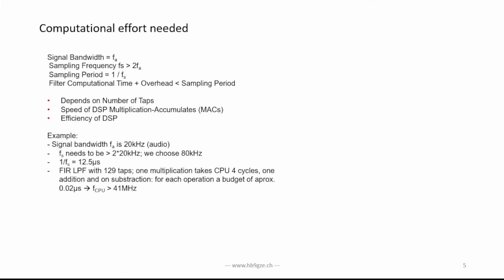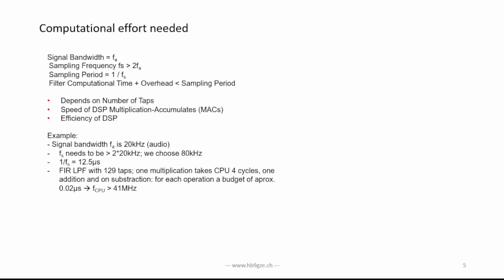When it comes to computational effort needed, you take a look at your bandwidth. If the sampling frequency is twice the bandwidth, your sampling period is 1 divided by the sampling frequency. And then you know, okay, that's the budget I have for doing all my computational calculations, my overhead, and all that has to be less than the sampling period.